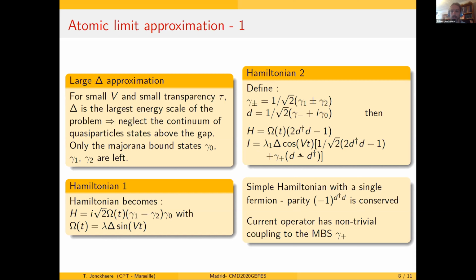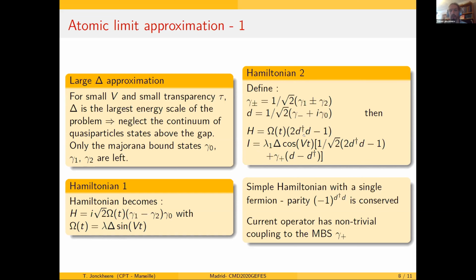The fact that the current operator has this non-trivial coupling to the zero energy state, this effective Majorana bound state, is the reason why we get this huge noise, because we have a discrepancy between the basis with which we describe the Hamiltonian, which is only the fermion, and the basis for the current, which makes the fermion plus the zero energy mode appear.